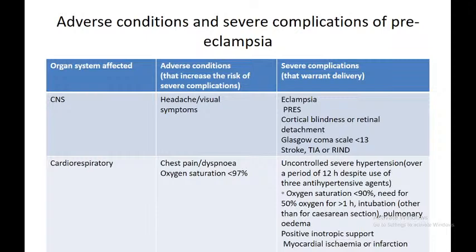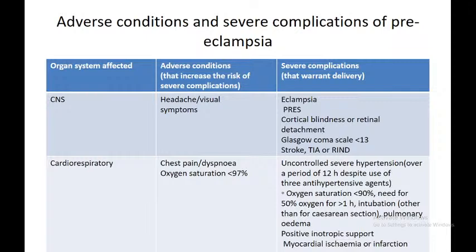But the most common complication, remember, is eclampsia, or very rarely PRES or sometimes cortical blindness or retinal detachment, or transient ischemic attacks or stroke or reversible neurological deficits. And coming to the cardiorespiratory complications, most often they present to us with chest pain or dyspnea, or oxygen saturation being less than 97%.